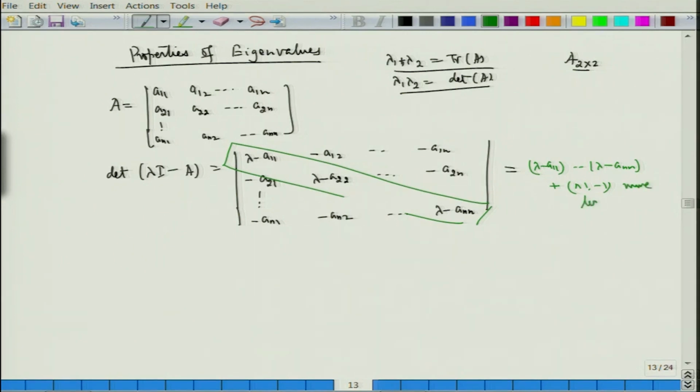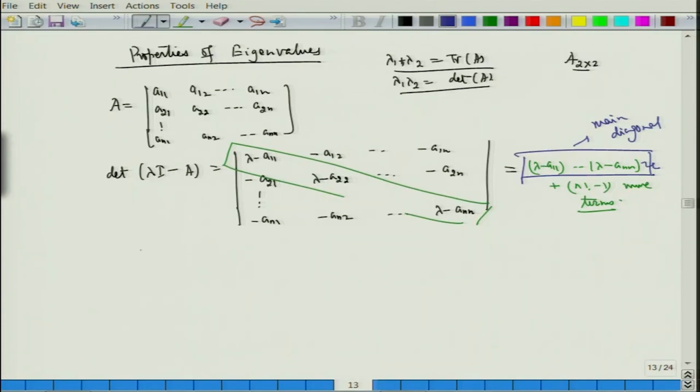All right. So, when we compute the determinant, there are n factorial terms. Out of those n factorial terms, I have one term which corresponds to the main diagonal, and then there are other terms also which play a role as far as the determinant is concerned. So, since it is lambda minus A11 up to lambda minus ANN, this itself is a polynomial of degree n and therefore, I will have a degree n polynomial.